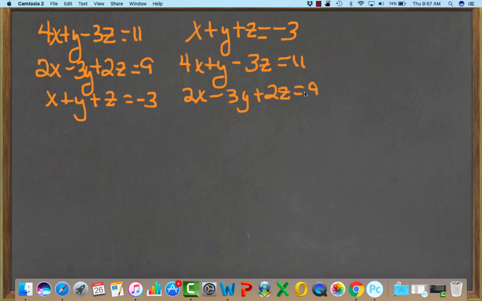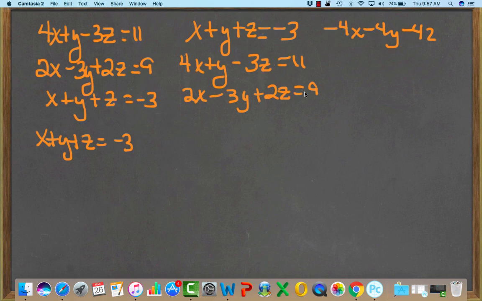So I'm going to take this first equation and multiply it by negative 4, so that I can eliminate the x in the second equation. So let's go down here. Here's going to be hopefully my finalized system. If I take the first one times negative 4, I'm going to get negative 4x minus 4y minus 4z equals positive 12.